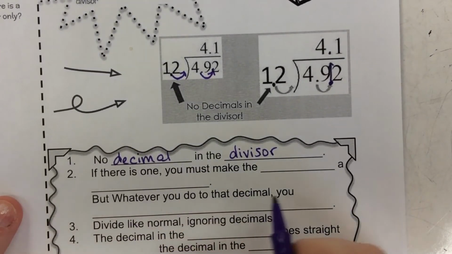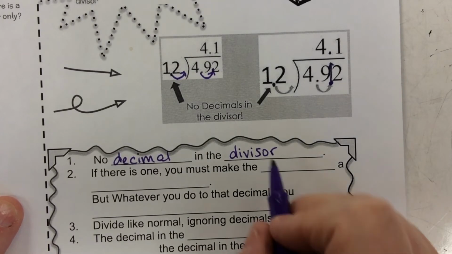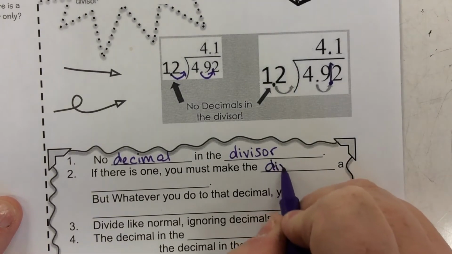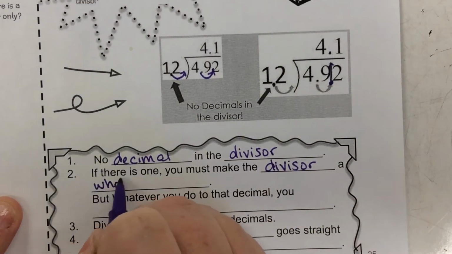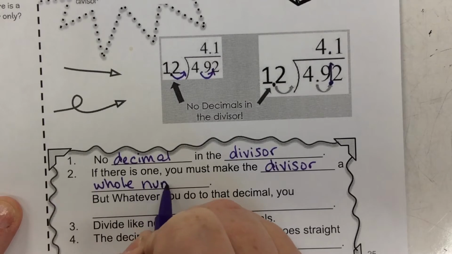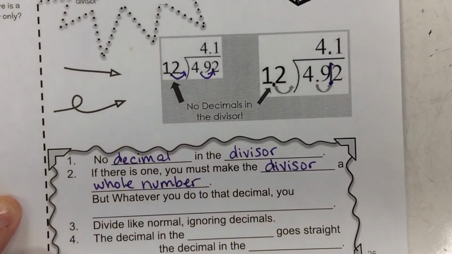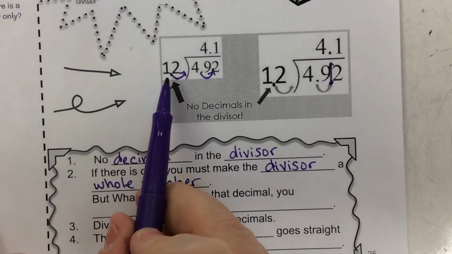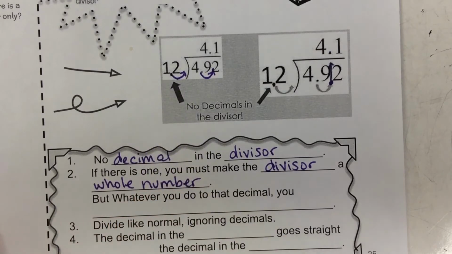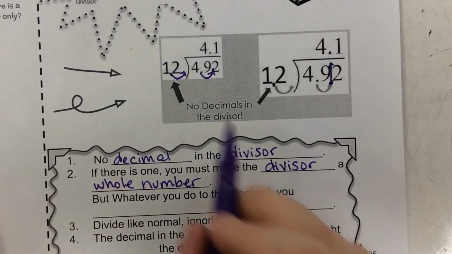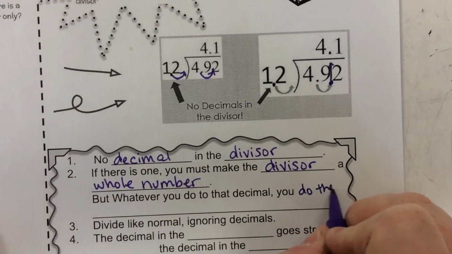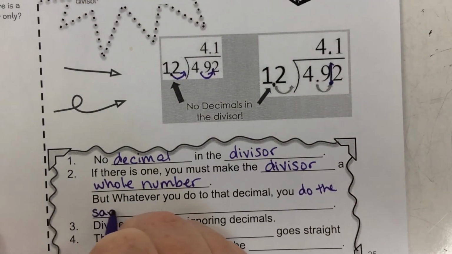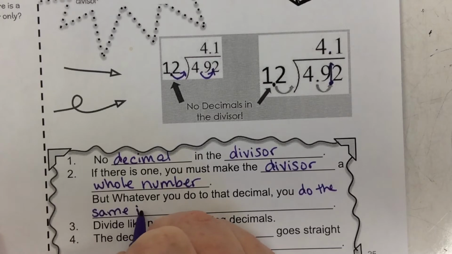If there is one, you must make the divisor a whole number. We made this go from 1.2 to 12. But whatever you do to that decimal, you do the same in the dividend.